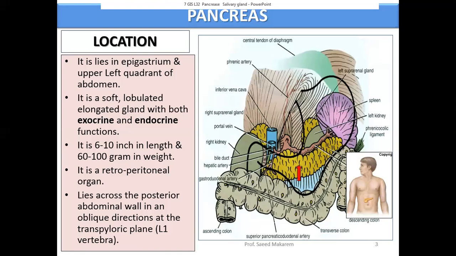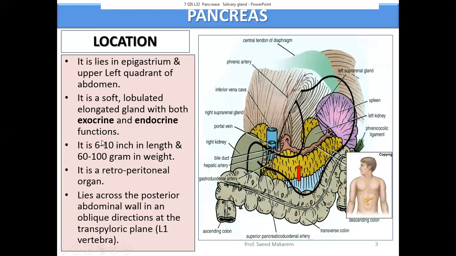It is soft because it doesn't have any bone as such, so it is a fleshy tissue structure. It is lobulated as well as an elongated gland with both exocrine and endocrine functions. So it is a mixed gland with both exocrine as well as endocrine features.